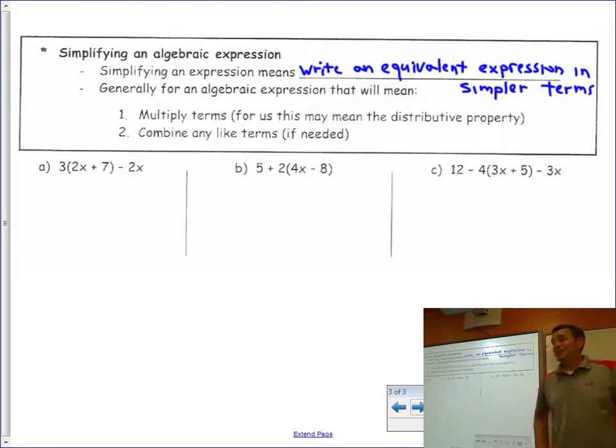All it means to simplify an expression really is do whatever operations you can to make the expression be reduced or simpler.